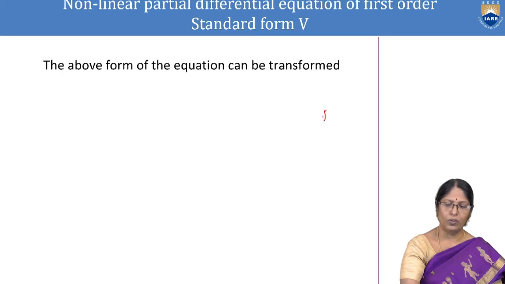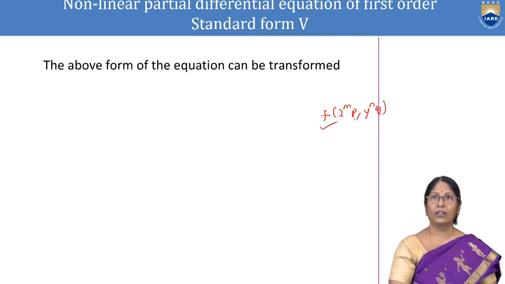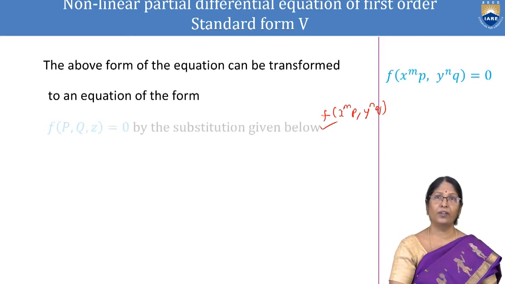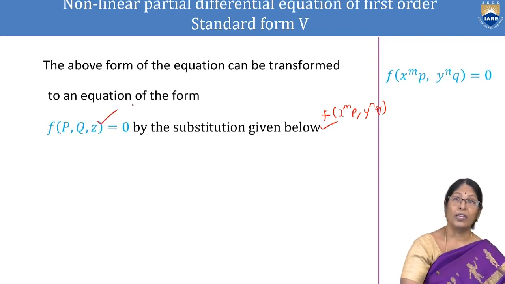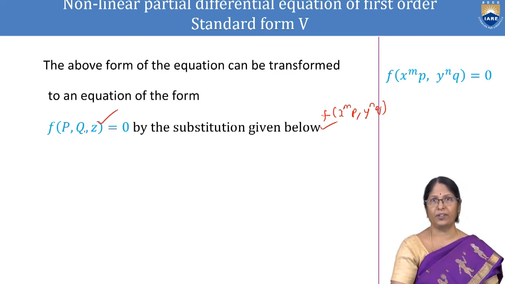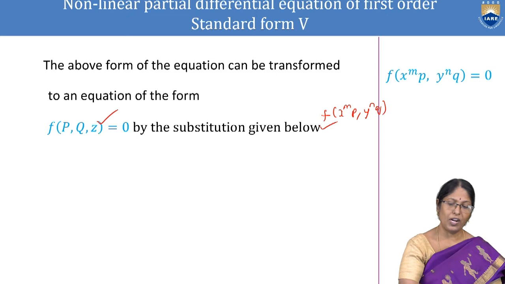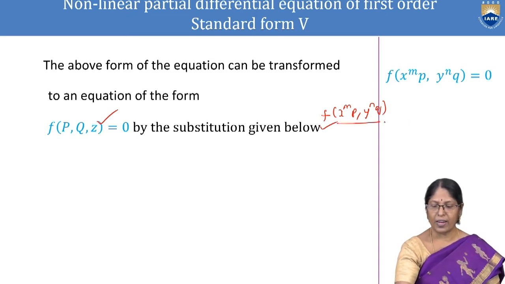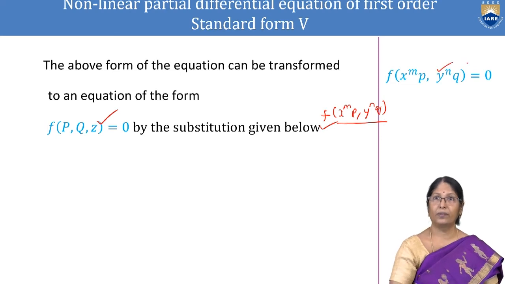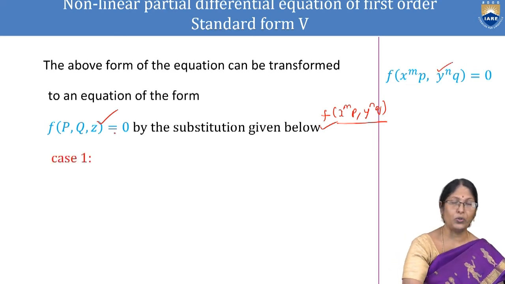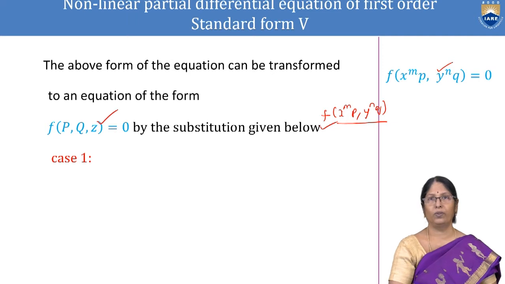This equation is transformed to f of P, Q, Z, which is the standard form 5. It is reduced to standard form 2.